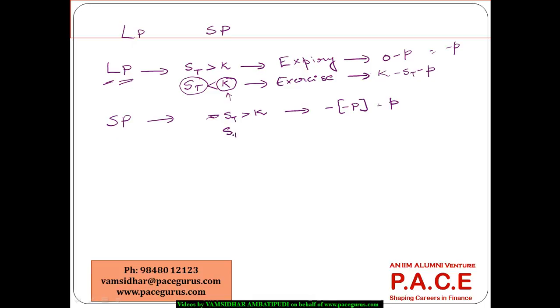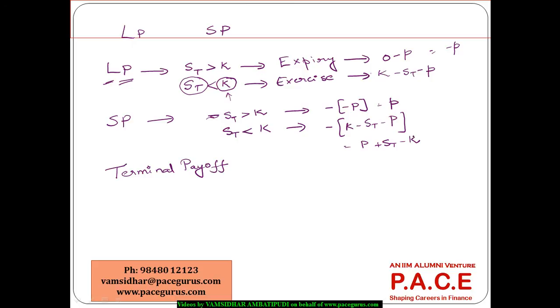And similarly, if the stock price is lesser than the strike price, the opposite of K minus ST minus P, which is P plus ST minus K, is going to be the payoff associated with the short put position.